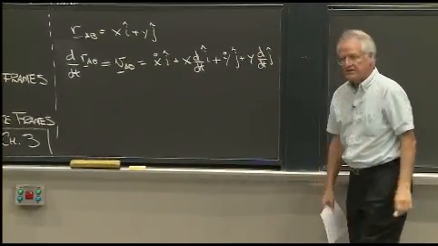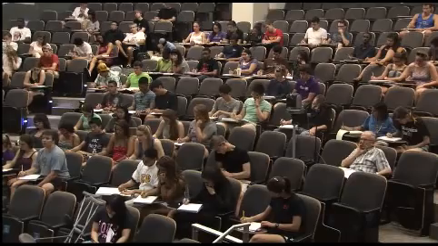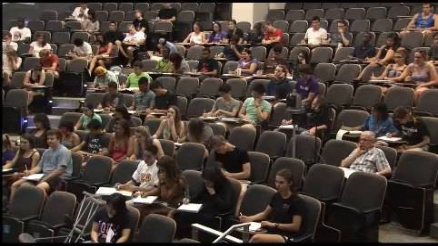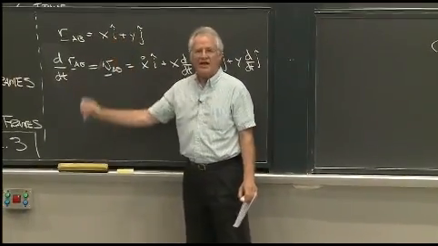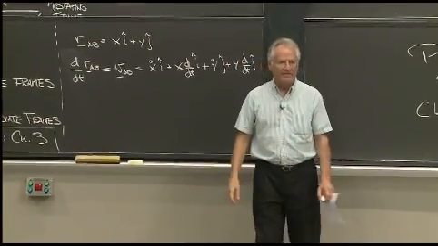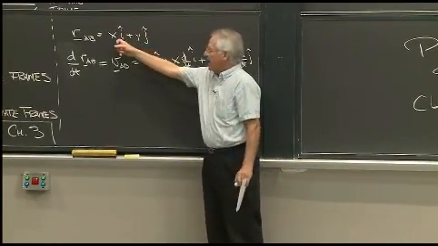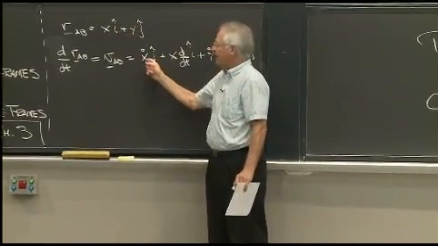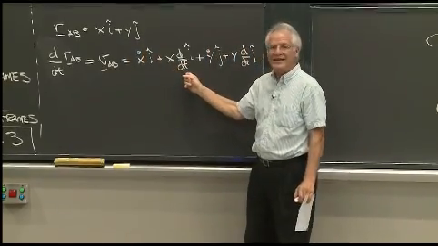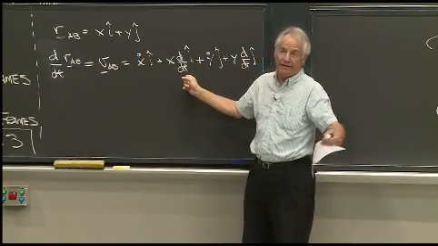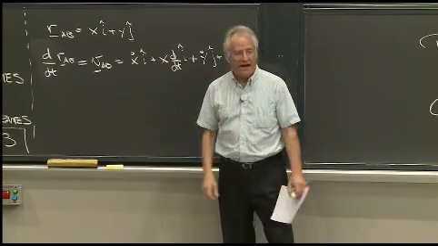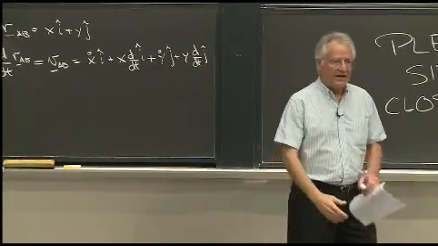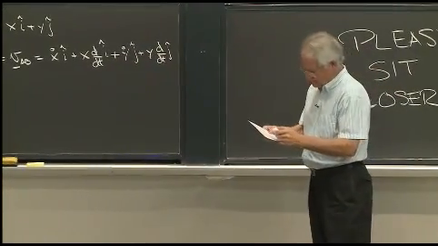Okay, everybody see that? Nothing magic here, nothing special happened. We simply took this expression and we differentiated it, each one. x dot i hat plus x d/dt of i hat, y dot j hat, y d/dt of j hat.